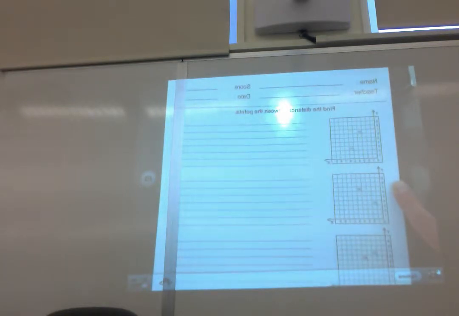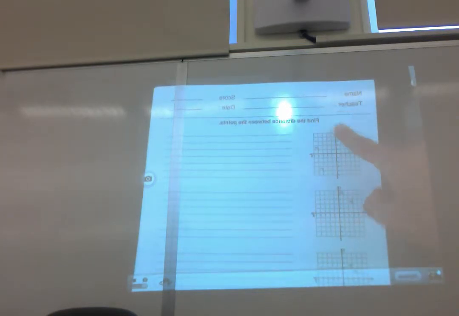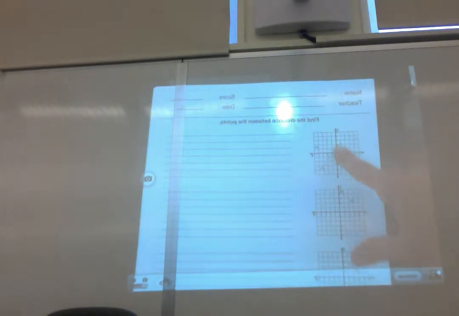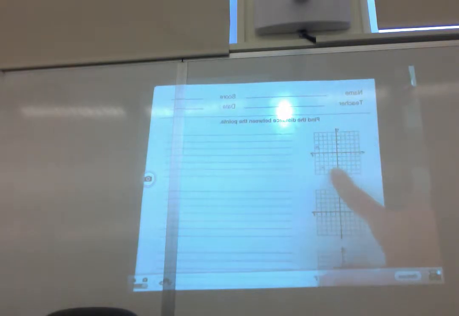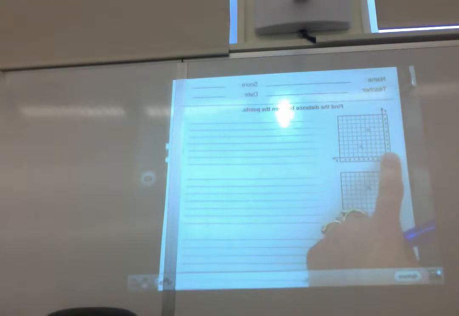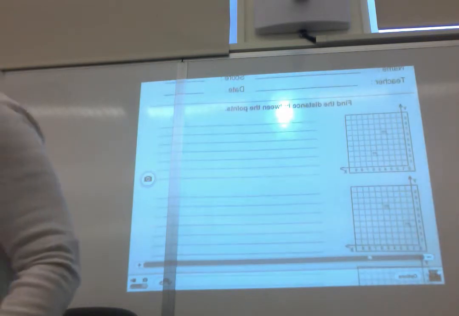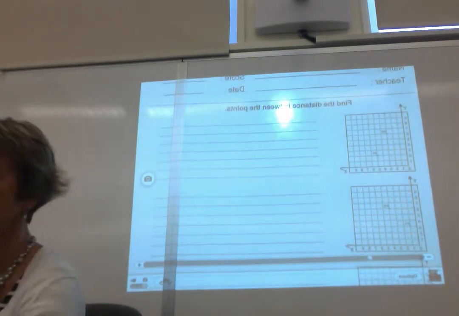Find the side that I'm on. This side has x and y in the middle. This side has the y over to the far left and x at the bottom. Are you on the same side as I am? Yes. Okay, here we go.